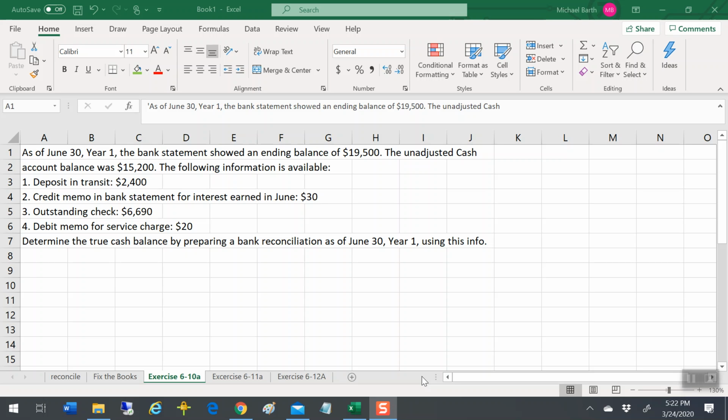But the idea behind bank reconciliation is simply to take what the bank says, adjust it for stuff the bank doesn't know about, and then figure out how much cash you actually have. Most of y'all don't write checks, but a lot of businesses do write checks. So when you write a check, there's a lag in between when the check's written and when it's actually cashed.